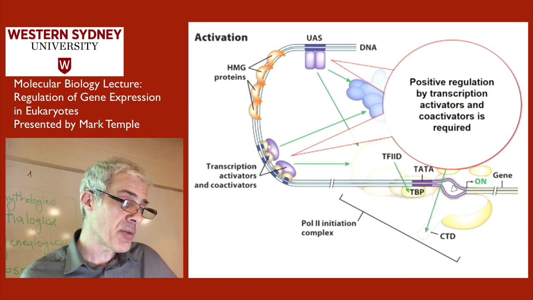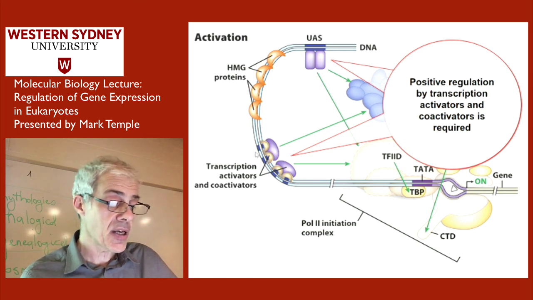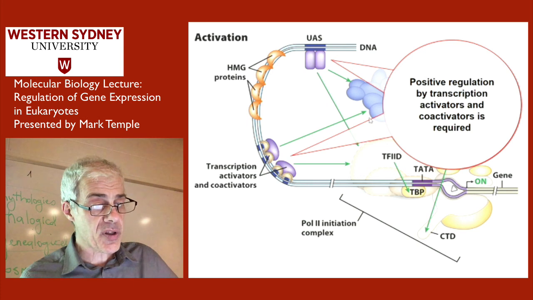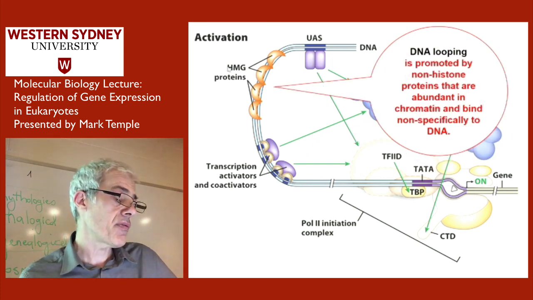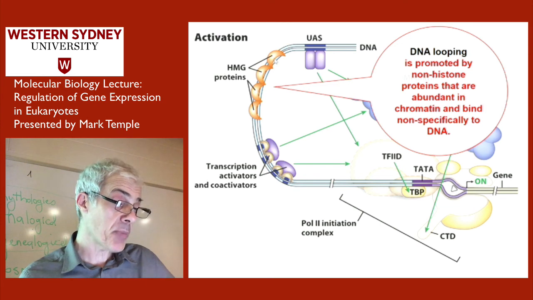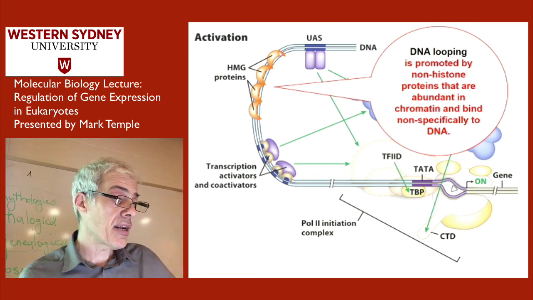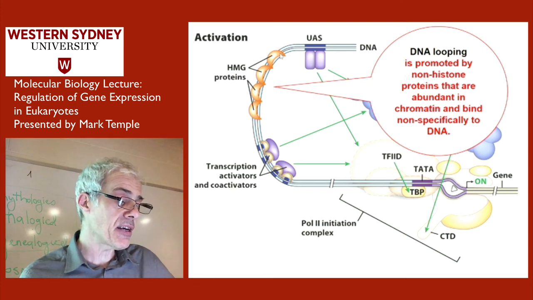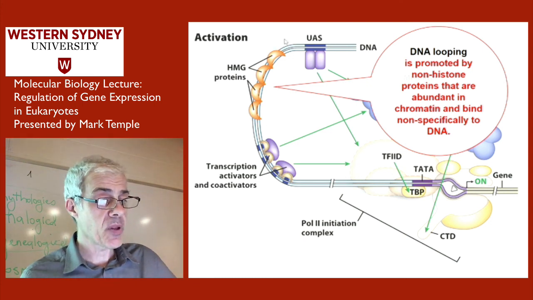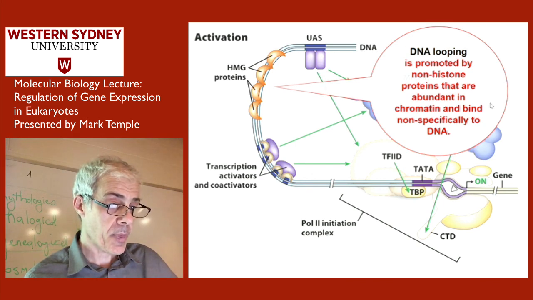So we've got protein-protein interactions here and protein-DNA interactions for the activators. And then they can interact through the mediator complex. Also in eukaryotes we have high mobility group proteins as part of chromatin, and these proteins are thought to facilitate bending of the DNA and looping of the DNA.